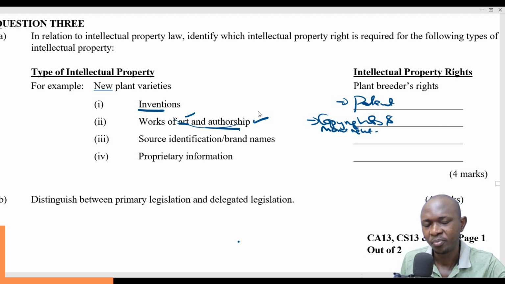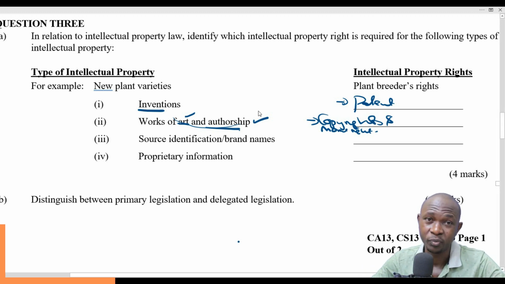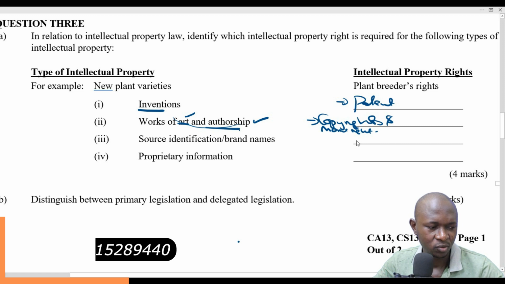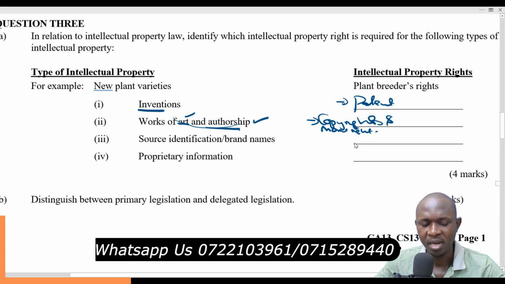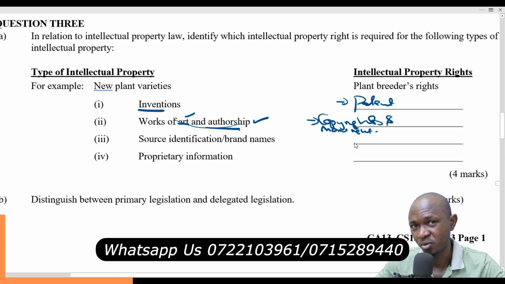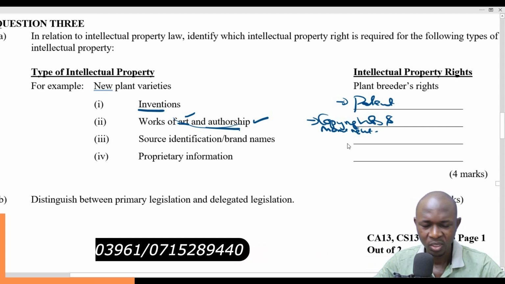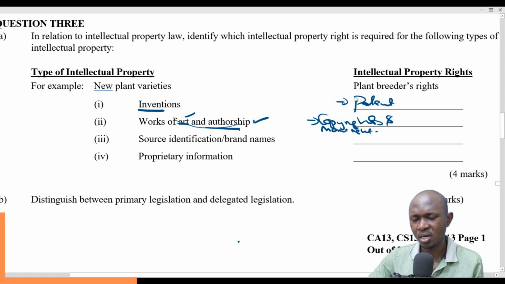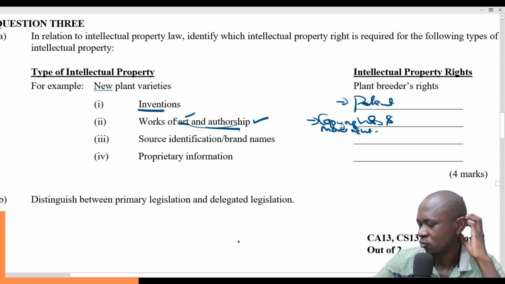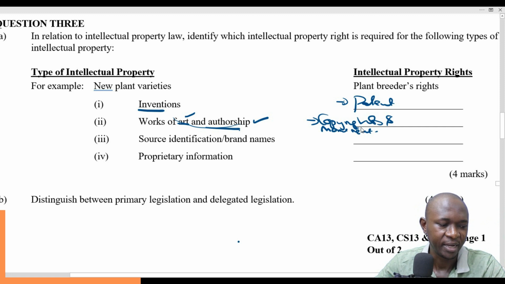So at least to prevent people from copying and duplicating what you have gone through the process to produce, you need to go for a copyright and moral right. That will help protect your work from people who just want to take advantage of what already exists to make money out of it without going through the process like you've gone through. So any work you produce, artistic work, a document, you might want to go for copyright rights.